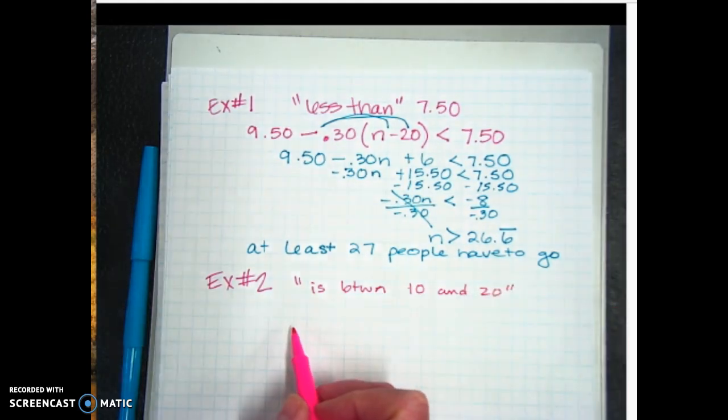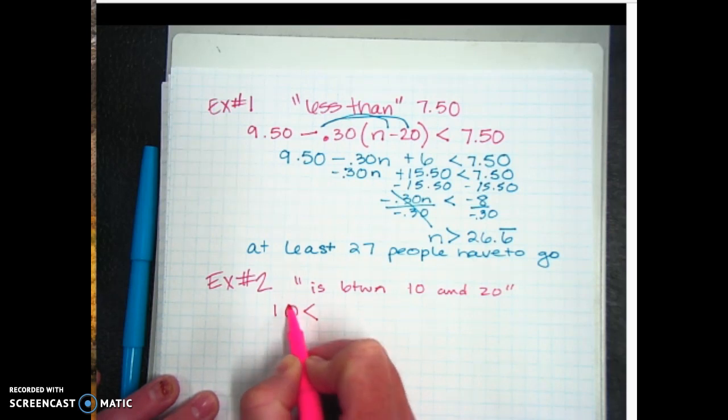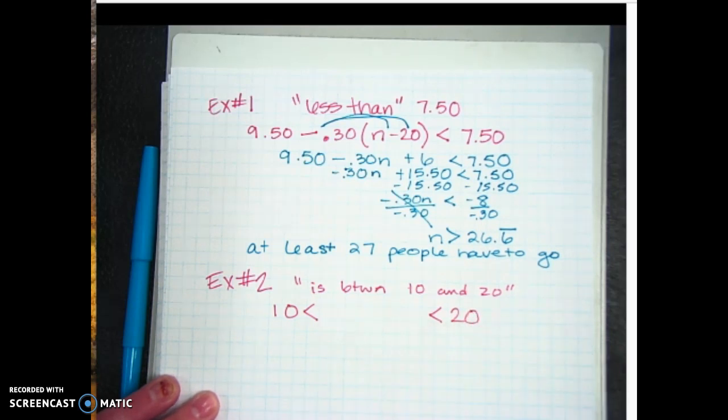And so if you look at your little phrases, between 10 and 20, you always want to write the smaller number on the left and the larger number on the right. Doesn't say inclusive. Find all the sets of 4 consecutive integers whose sum is in there.